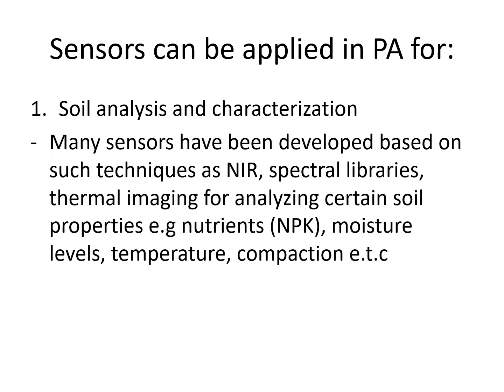Under this category, many sensors have been developed based on such techniques as near-infrared, spectral libraries, or thermal imaging for analyzing certain soil properties, for example, the nutrients, such as nitrogen, phosphorus, and potassium, moisture levels, temperatures, compaction, etc.